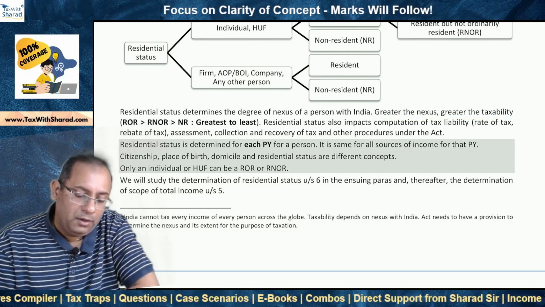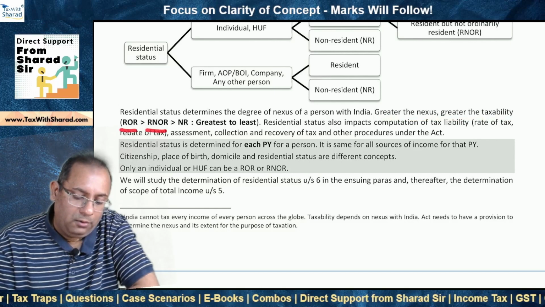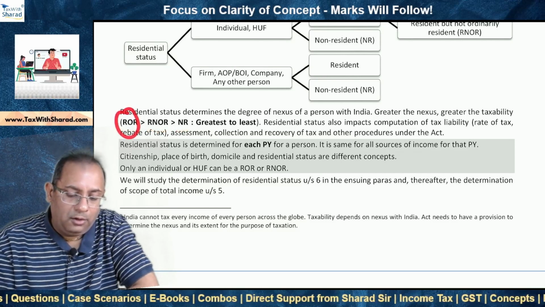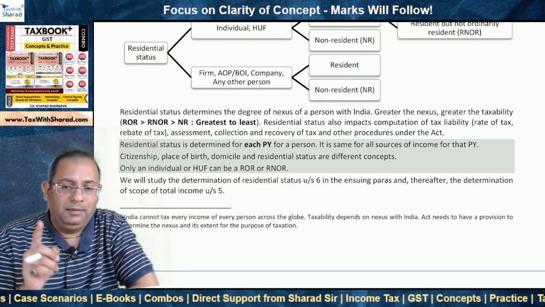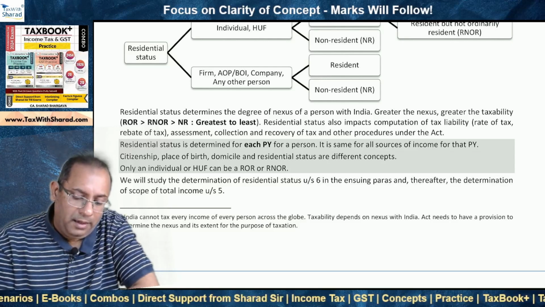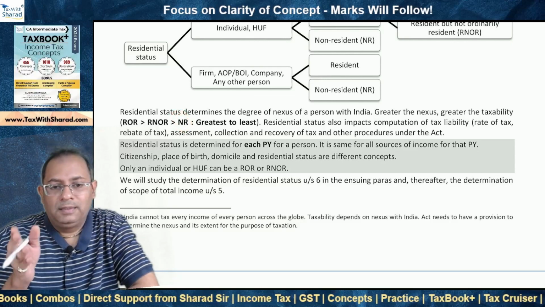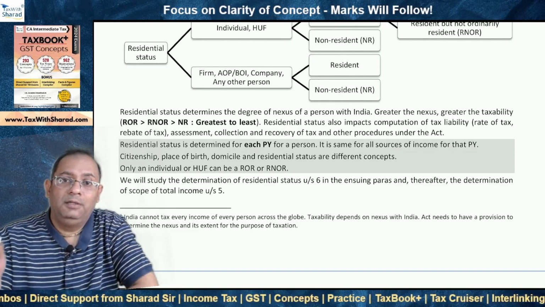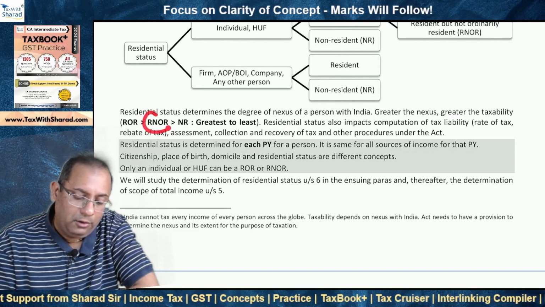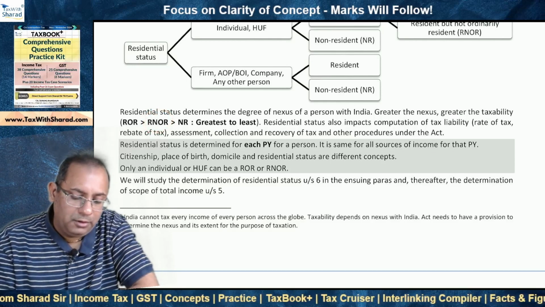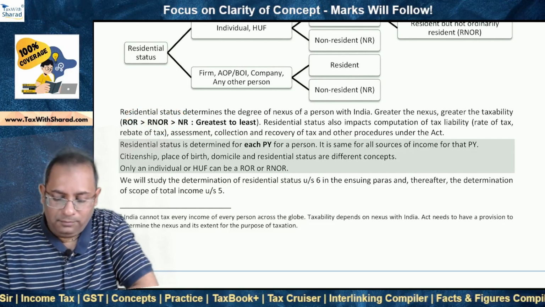And what is the order? The order is ROR, RNOR, and NR. So in case of ROR, the nexus is greatest and therefore the taxability is greatest. In case of a non-resident, the nexus with India is least and therefore the taxability is also least. And RNOR is a category which falls in between ROR and NR.